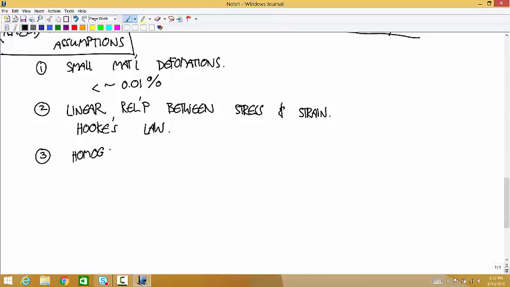If you do have more than one type of material, you have to deal with the two materials separately and deal with what's happening at the boundary between them. So homogeneous materials means same material at every point.